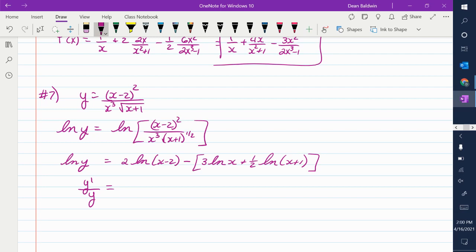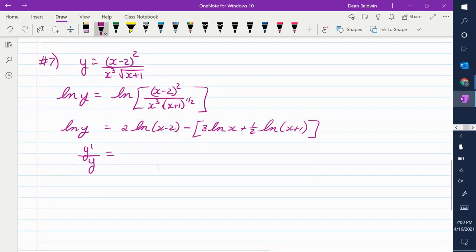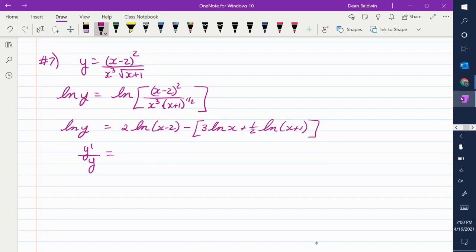Then you just do the derivative of all this stuff. So, what's the derivative of natural log x minus 2? That's exactly it. Times 2, minus, what's the derivative of natural log of x? 1 over x, right?